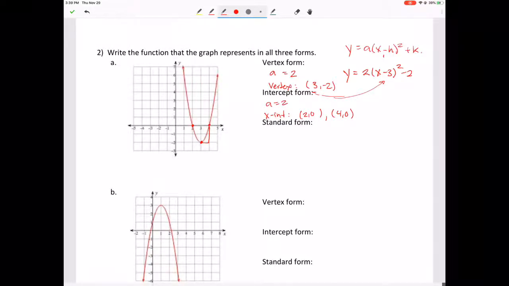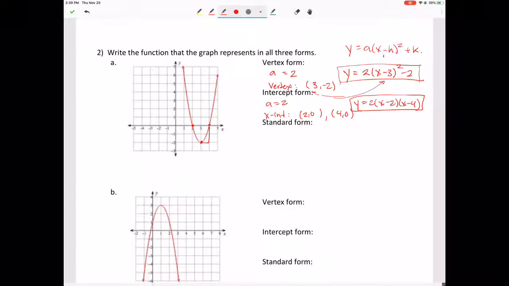After that, we can just plug it into our equation. Y equals 2, x minus 2, and x minus 4. Okay? And all of these equations are equivalent, so you can always distribute for both of these two problems, and that would give us the standard form.